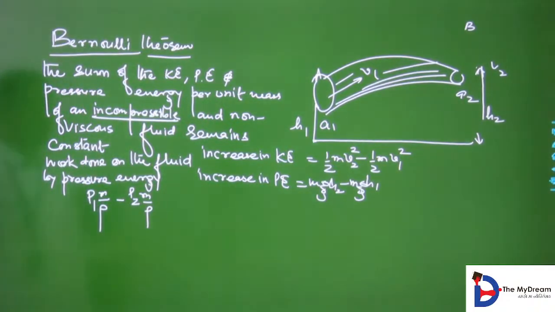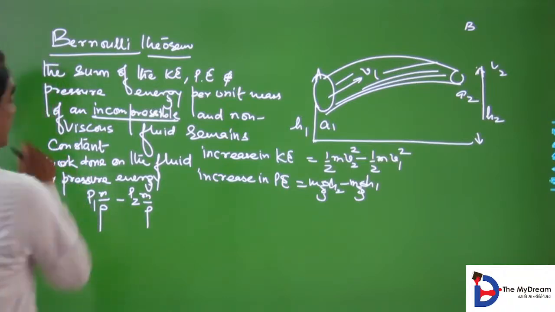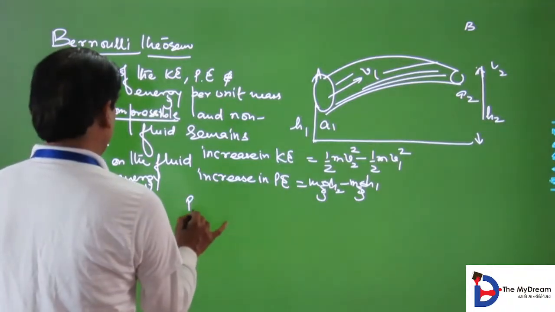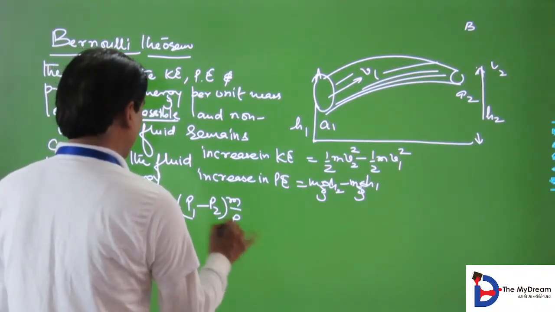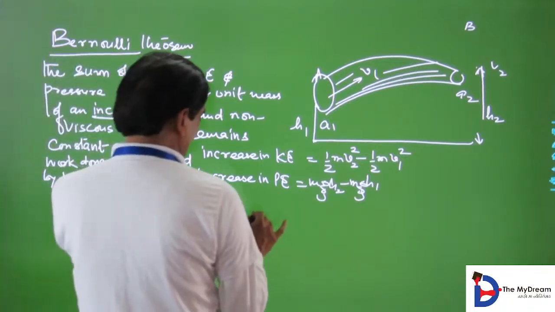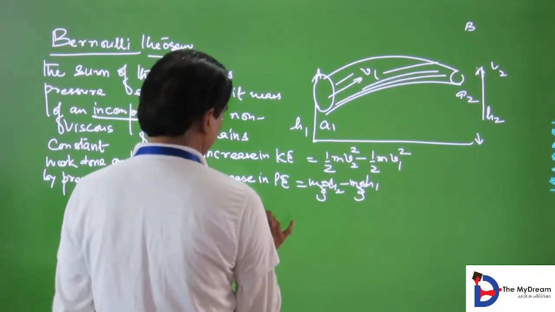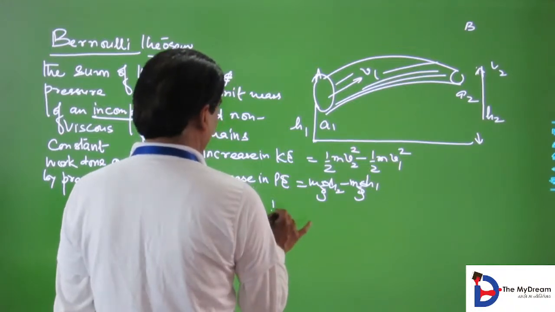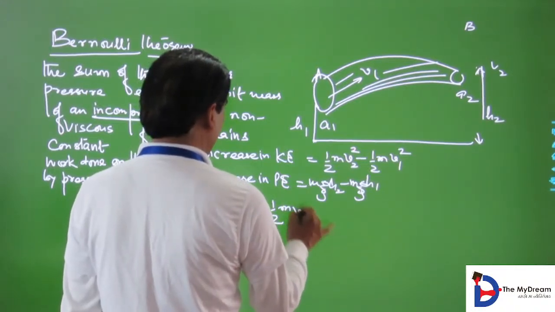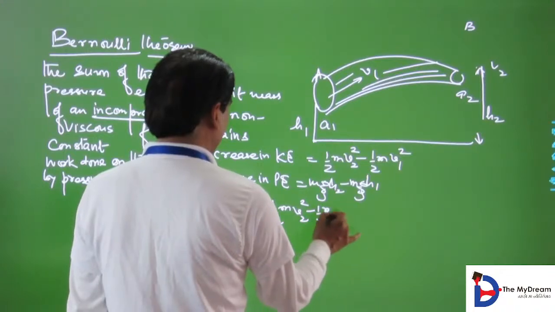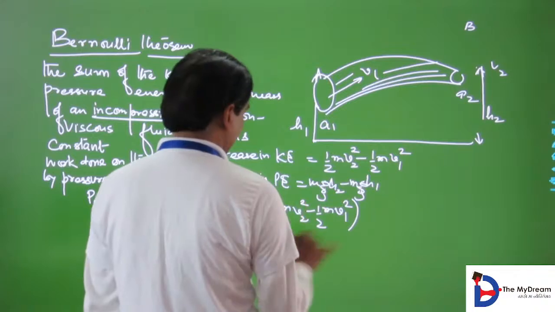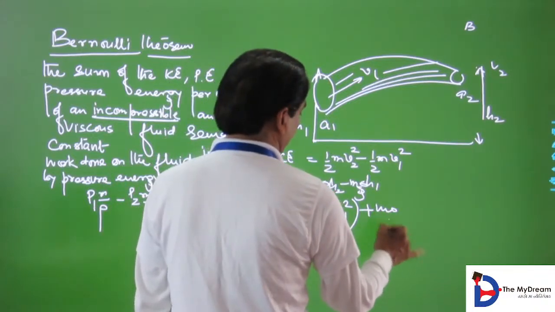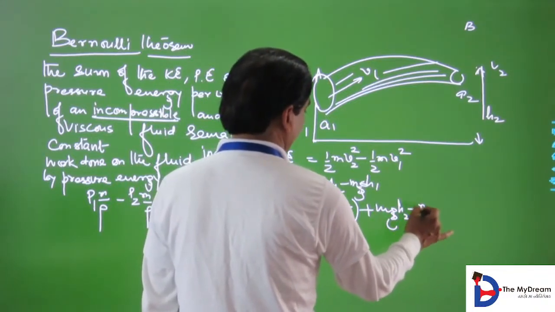So by the work energy theorem, you can write P1 minus P2 times m by rho equals half m v2 square minus half m v1 square plus m g h2 minus m g h1.